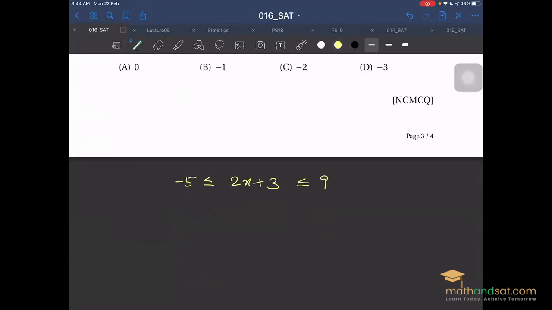I'm sorry, I said add, but it's subtract 3. So in the next step, we have 2x lies between -8 and 6.